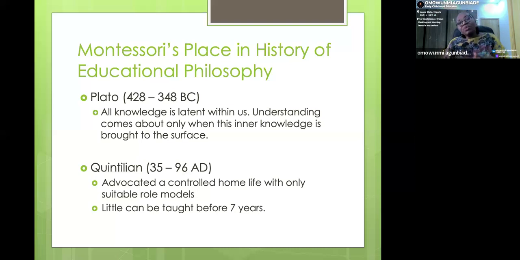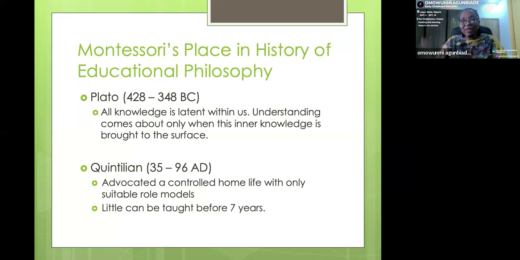So what we want to start with as we look at the Montessori philosophy is the fact that the Montessori method is not a standalone. Maria Montessori did not just develop her theory or her method by herself.